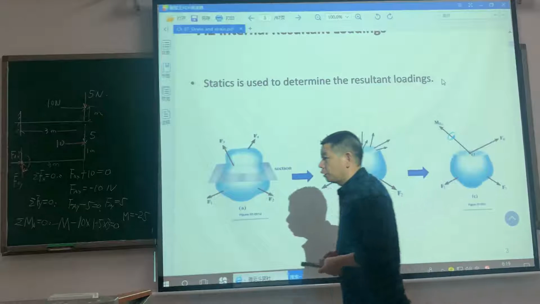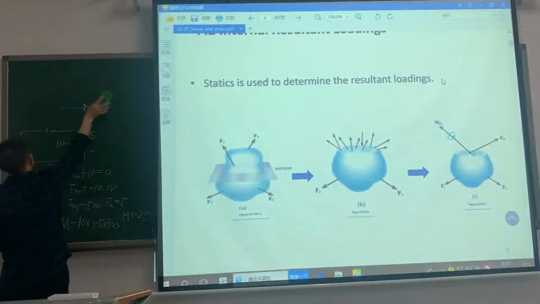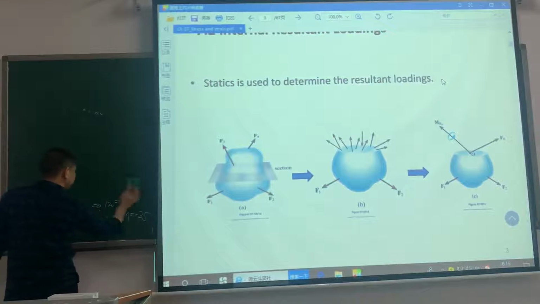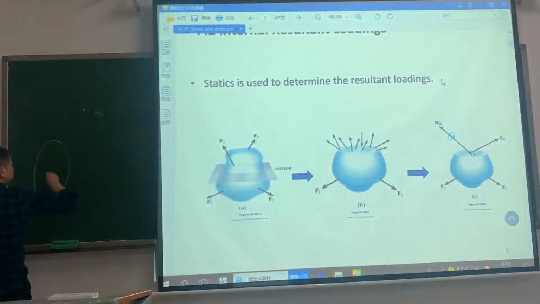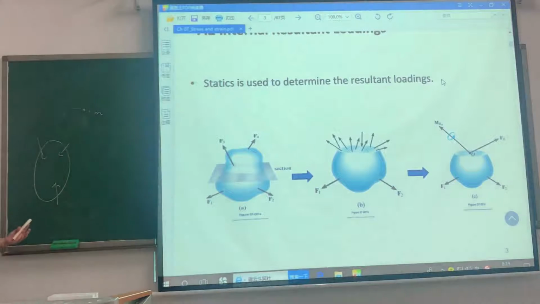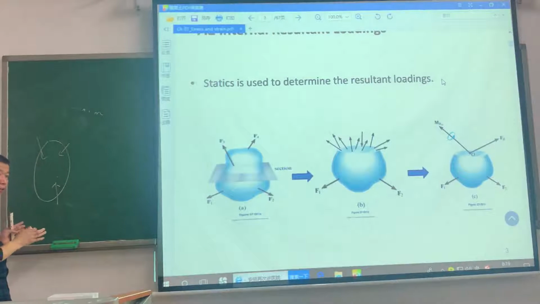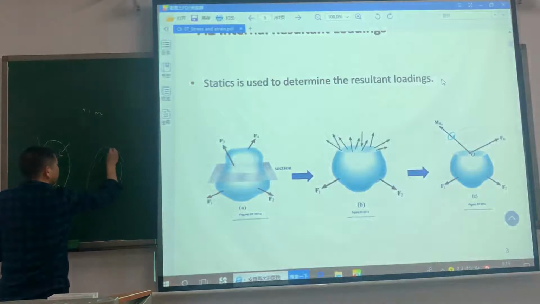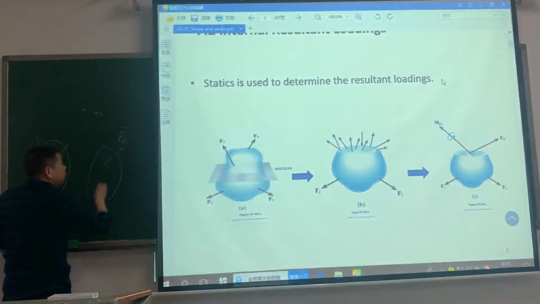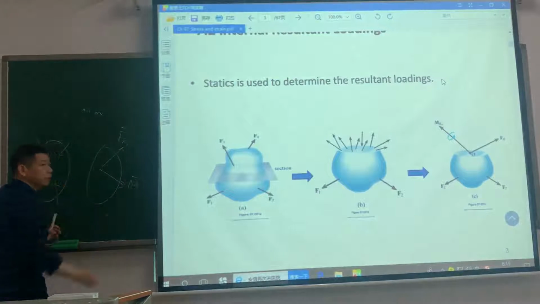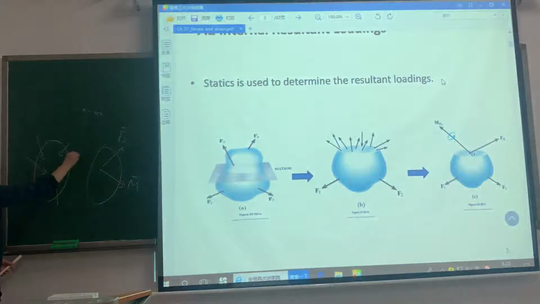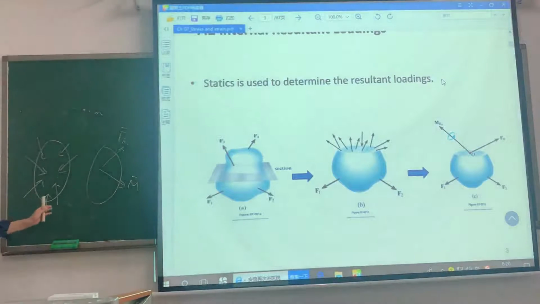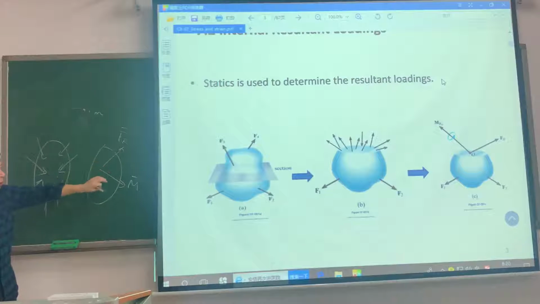In statics, we know the law of forces: a lot of forces acting on a body, the force system can be replaced by one force and one moment.